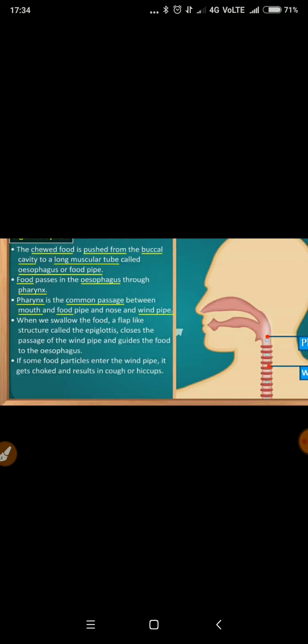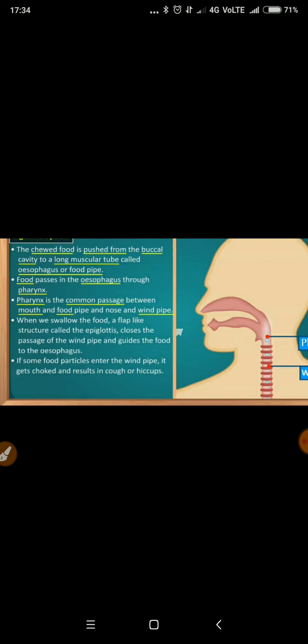Okay, so when we swallow the food, a flap-like structure which is known as the epiglottis closes this passage of the windpipe and guides the food to the esophagus. खाने को esophagus में ही proper जाने देता है and it doesn't allow the food to go into the windpipe. Okay, so, but if I keep on speaking at that time, what will happen?